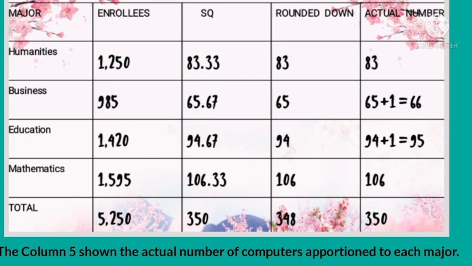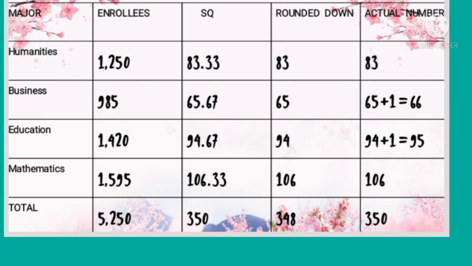Education 94.67, rounded down 94, plus 1 equals 95. Mathematics 106.33, rounded down 106, actual number 106. Total 350, actual number 350. So, column 5 shows the actual number of computers apportioned to each major.